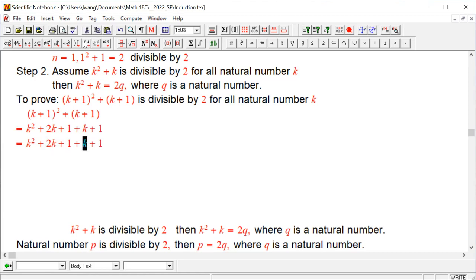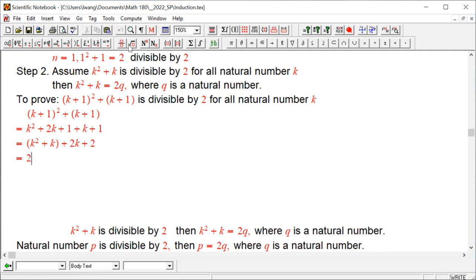I'm going to bring this k next to the k over here, because I'm going to take advantage of k squared plus k equals 2q. That's the intention. And of course, 1 plus 1 is 2. So now I'm going to replace k squared plus k with 2q.